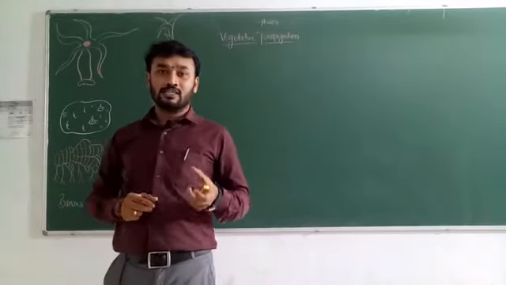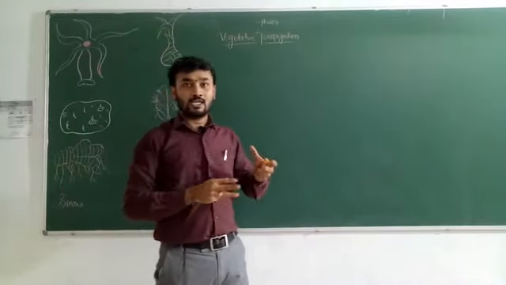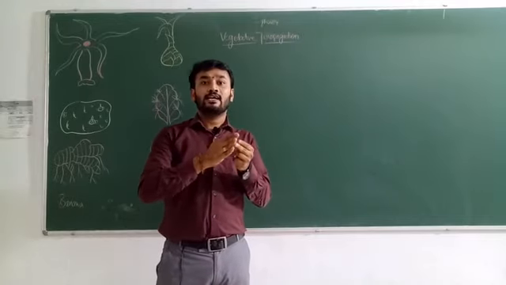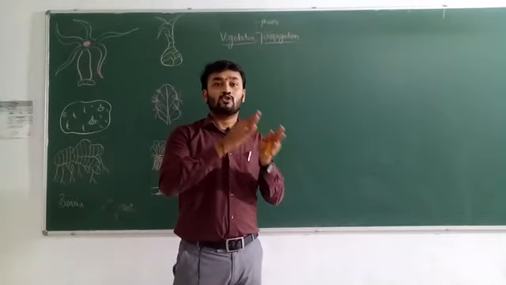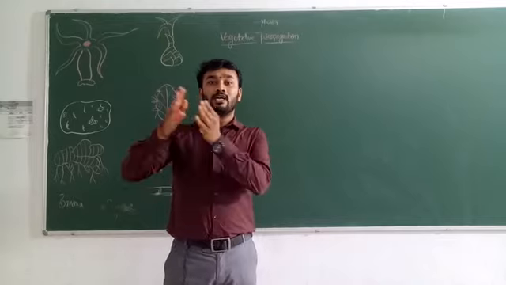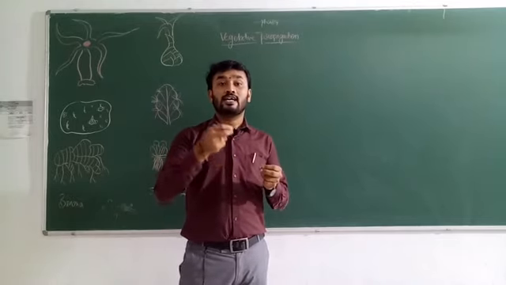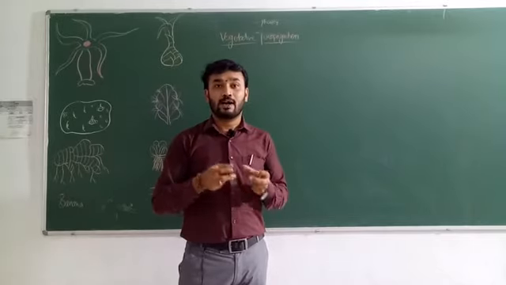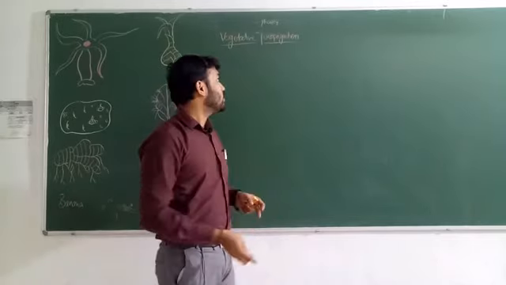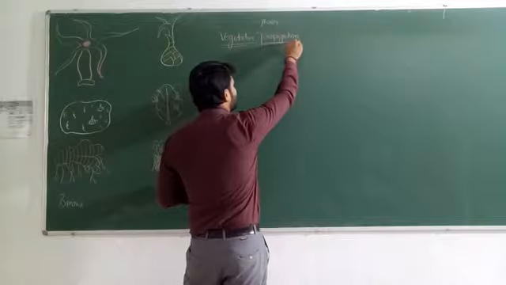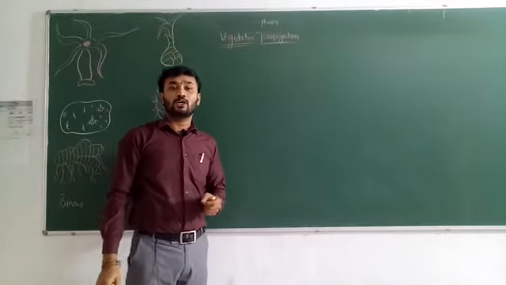So vegetative structures are body parts, somatic parts. If these somatic parts get detached, they lead to the formation of new propagules, which lead to the formation of new plantlets or plant body. So that's what vegetative propagation is.